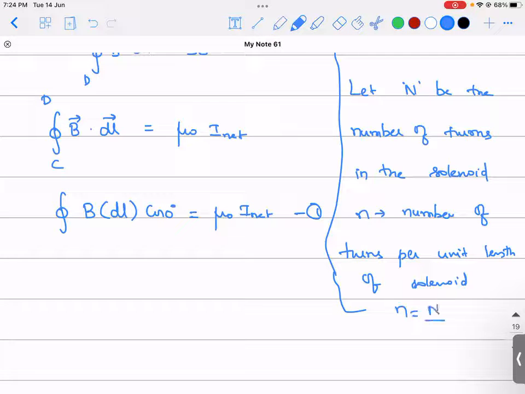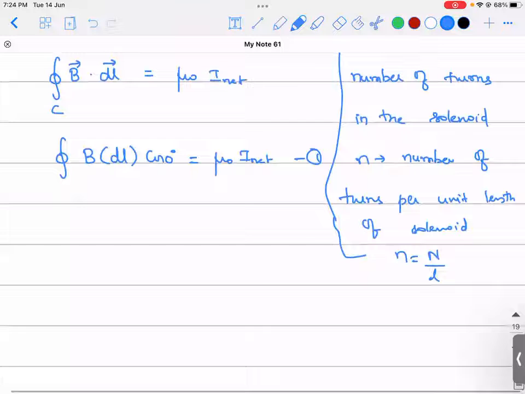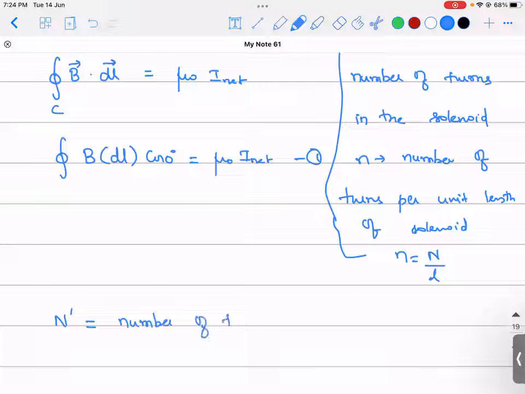So small n will be equal to capital N divided by L. Correct? Small n will be equal to capital N divided by L. Okay. Now, if I say n dash is equal to the number of turns between the points C and D.